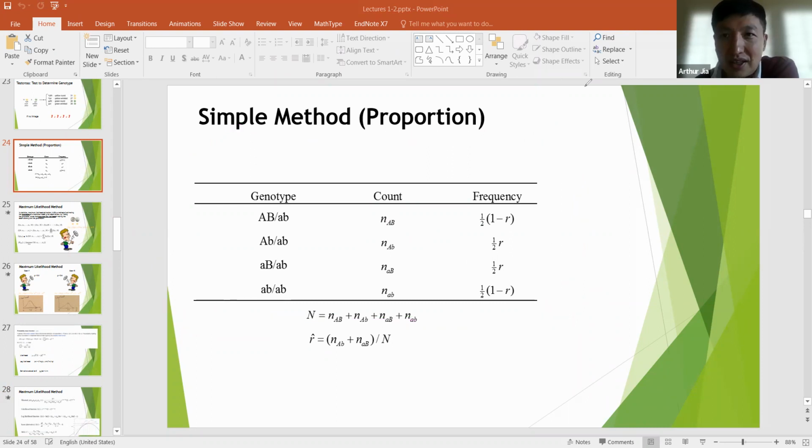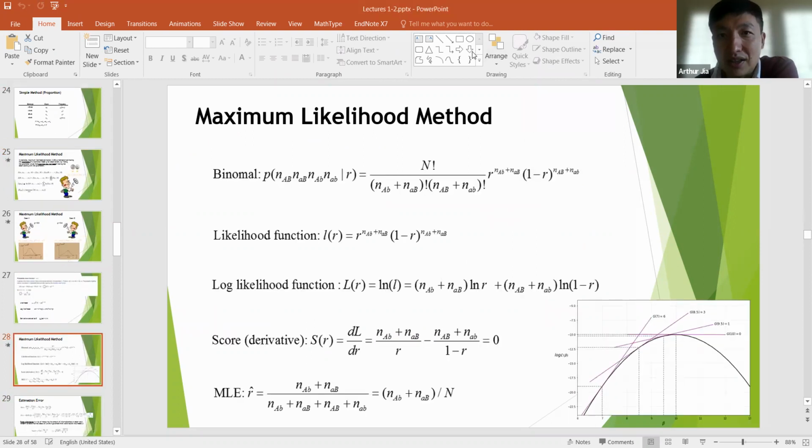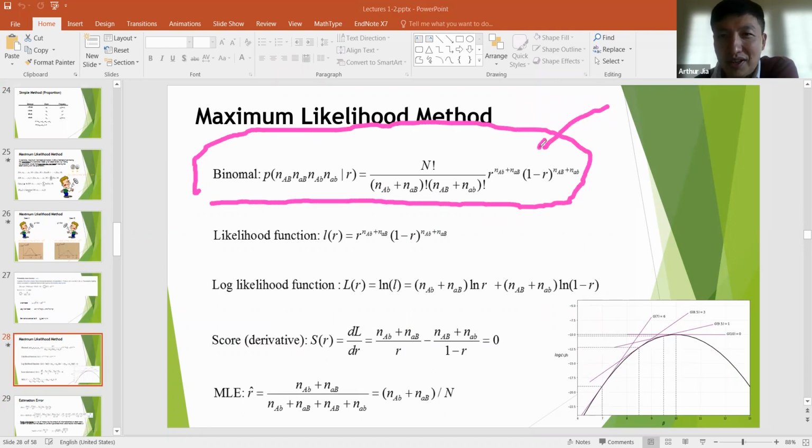In this slide you can find some clue. This is how we calculate the likelihood, right? Binomial distribution, all right? Because this is horrible, a lot of multiplication here, we always handle the log likelihood.